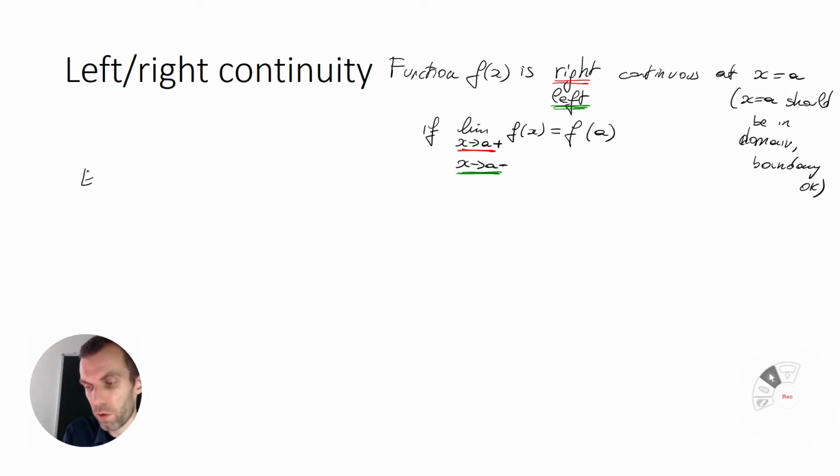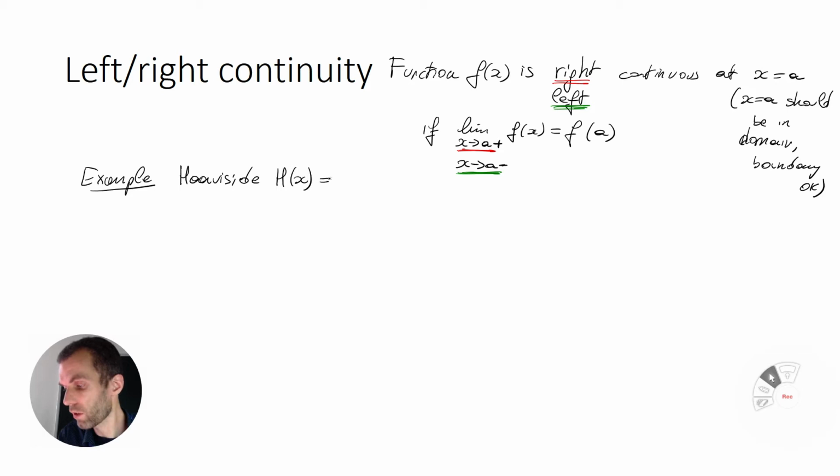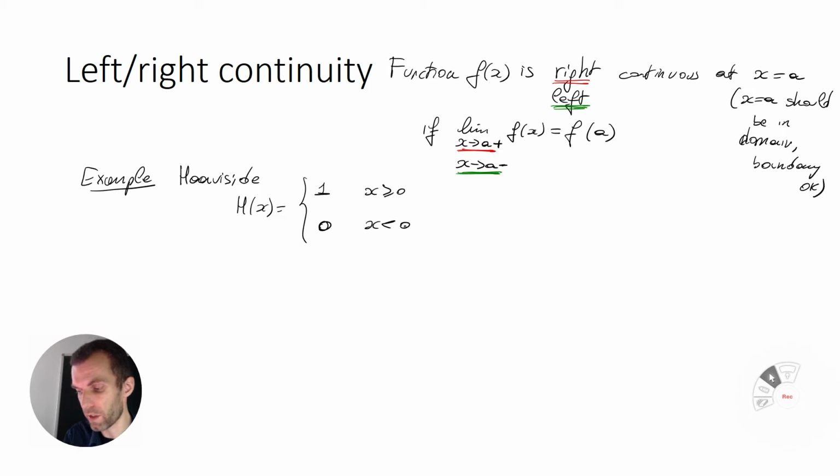So let's look at an example of that. For this example, we're going to consider the Heaviside function. This is a function that comes up quite a lot in signal processing, and it's given by the constant value 1 for x equal to 0 or positive, and it's 0 when x is strictly negative.